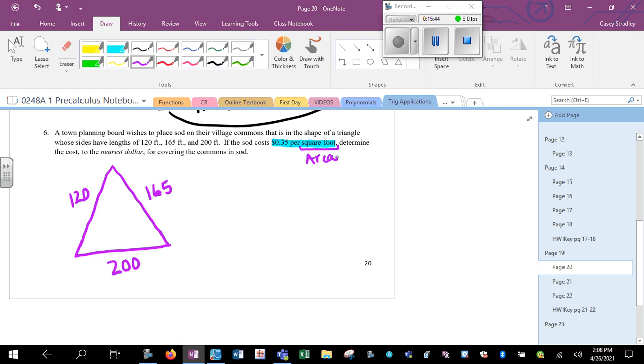Going back to what we talked about on Tuesday, when we have three sides, the law that we want to use is law of cosines. And we know in law of cosines, we always find the largest angle first. So I'm going to call that angle x my unknown.